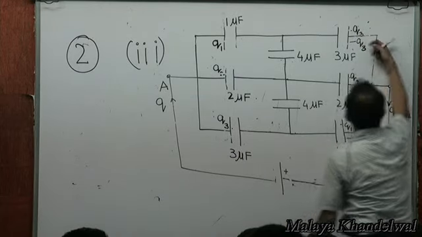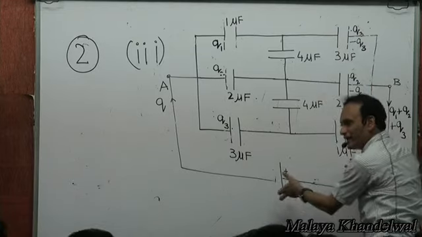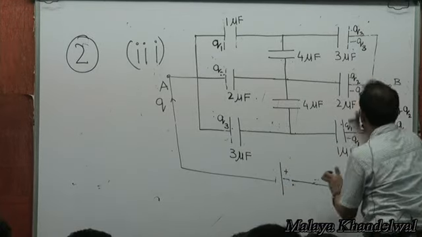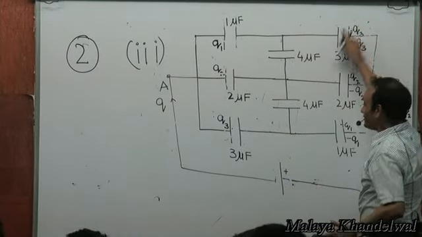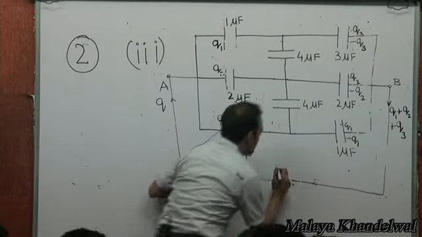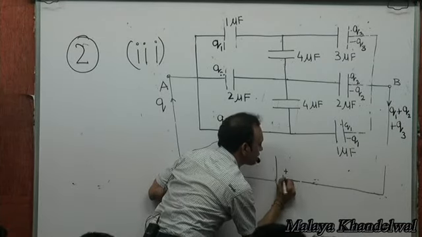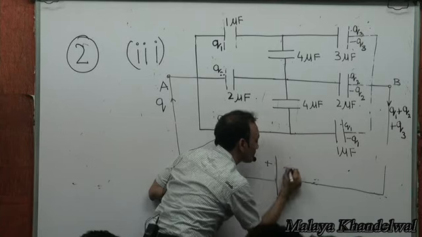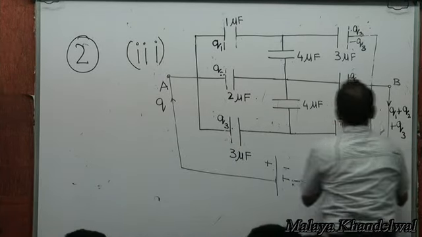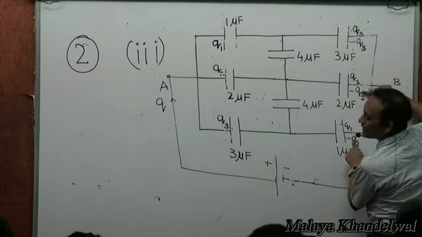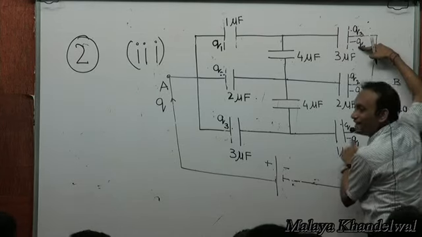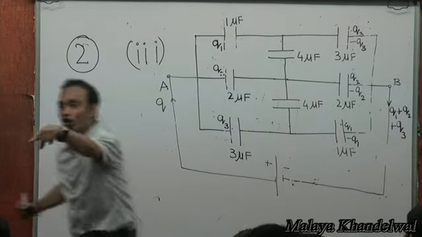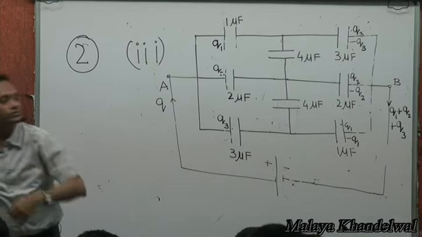So that when I superimpose with polarities reversed, both the circuits turn out to be 0. That means if essentially this was plus and this was minus, then this should have been minus q1, minus q2, and minus q3. Yes or no? Repeat.